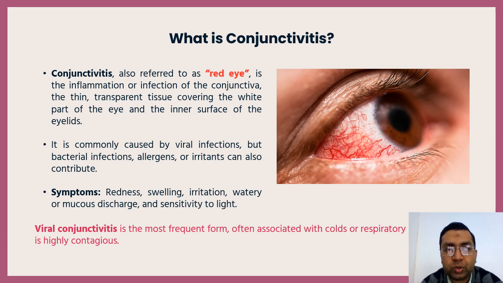The symptoms are redness, swelling, irritation, watery and mucus discharge, and sensitivity to light. Viral conjunctivitis is the most frequent form, often associated with a cold or respiratory infection, and it is highly contagious, meaning it can be transferred easily from one person to another.